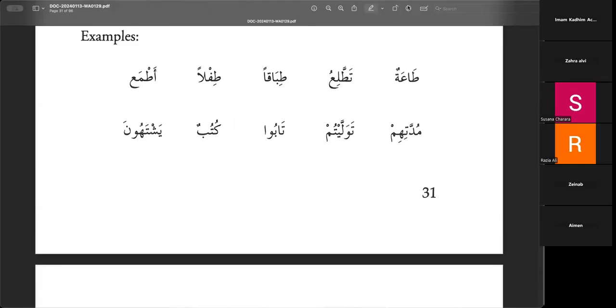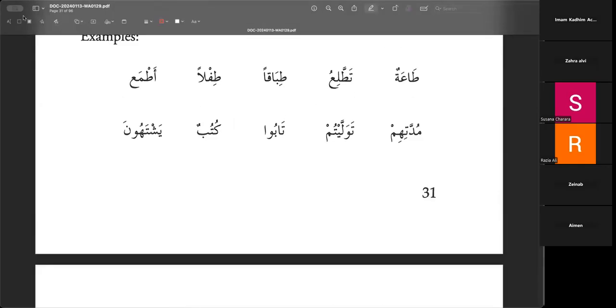Can you please read 2 طفلا، أطمع. Can you please read 2 from the bottom row? Sure. مدتهم، توليتم. Thank you so much, Razia.